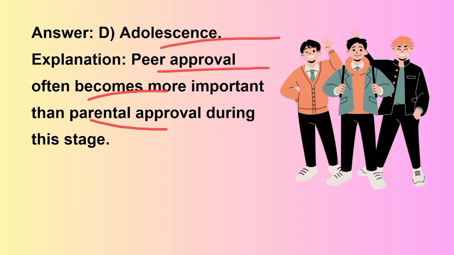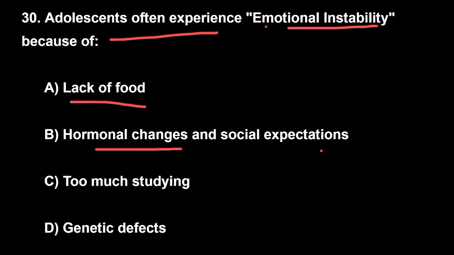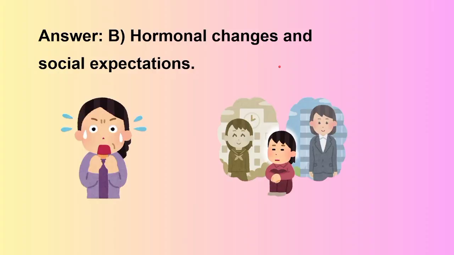Last question: adolescents often experience emotional instability because of lack of food, hormonal changes and social expectations, too much studying, or genetic defects. The right answer is hormonal changes and social expectations.